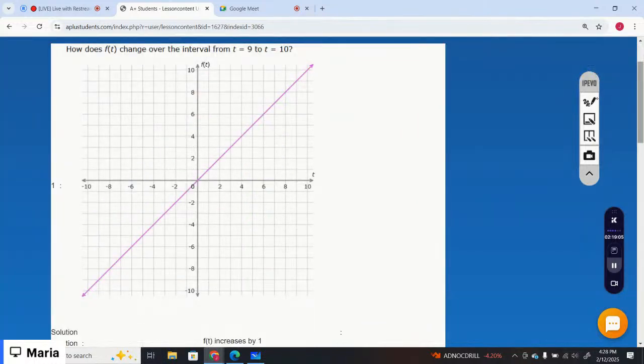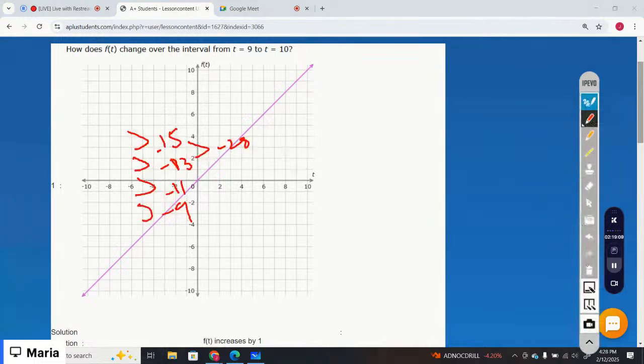How does f of t change from t equals 9 to t equals 10? That is t. T equals 9 is this point and t equals 10 is this point. That is f of t. So you can see from t equals 9 to t equals 10, the f of t is increasing by 1.